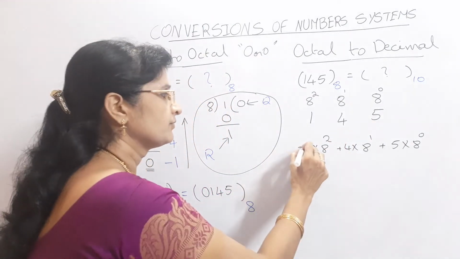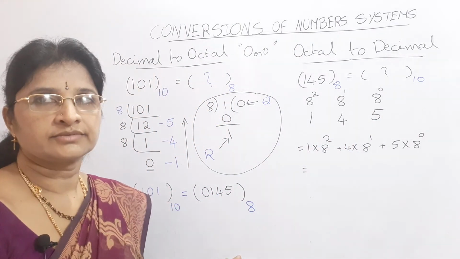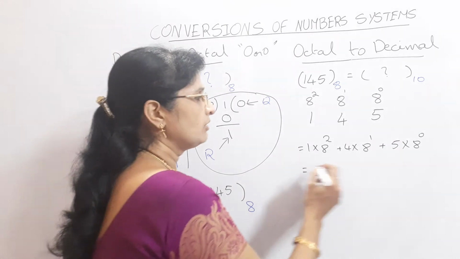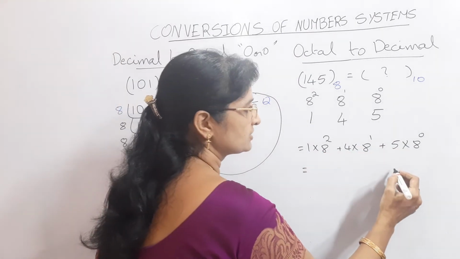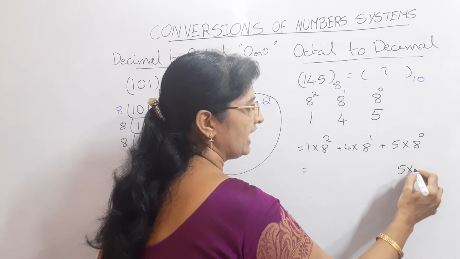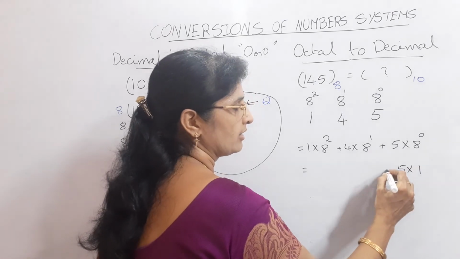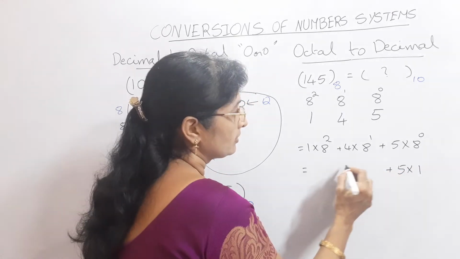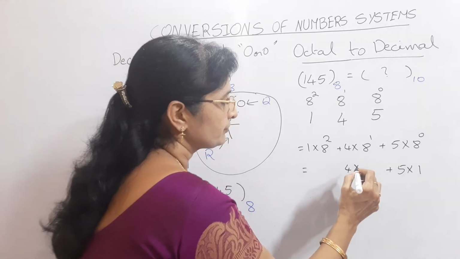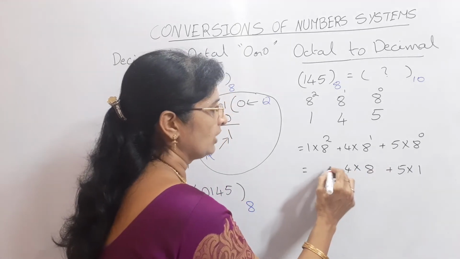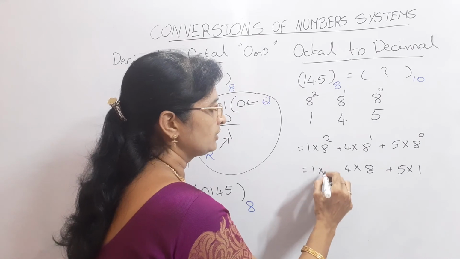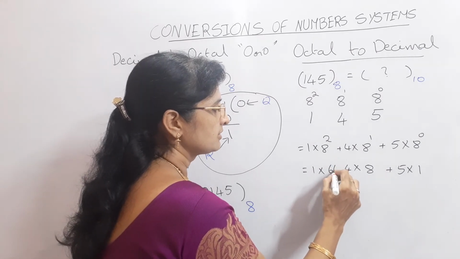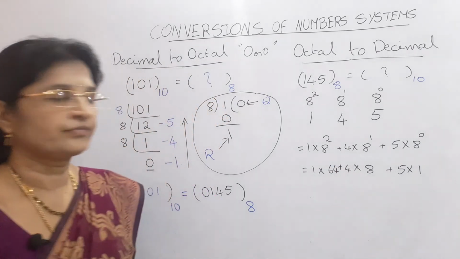Next, you elaborate this. 5 into 8 power 0 is 5 times 1. Plus 4 into 8 power 1 is 4 times 8. Plus 1 into 8 square is 64.